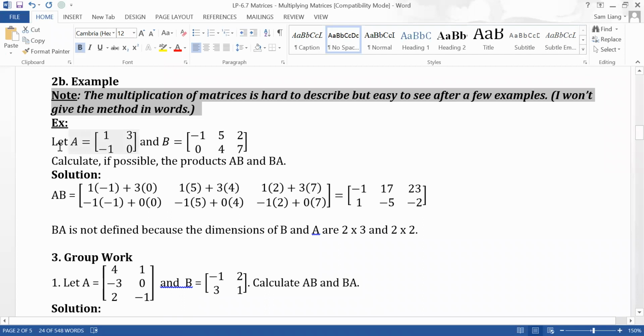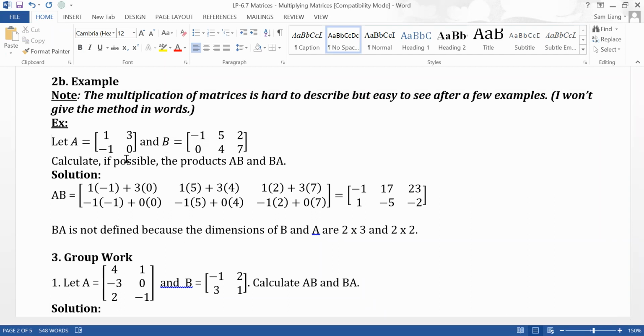All right, so first we have this example here. Let A equal this 2 by 2 matrix, 1, 3, negative 1, 0, and B is this 2 by 3 matrix, negative 1, 5, 2, 0, 4, 7. And we're going to calculate, if possible, the products AB and BA. Again, the middle two numbers have to match: the number of columns in the first one and the number of rows in the second one. If they don't, then it's not possible.